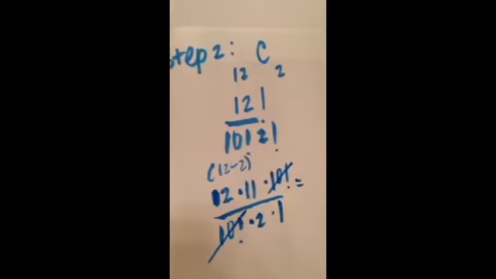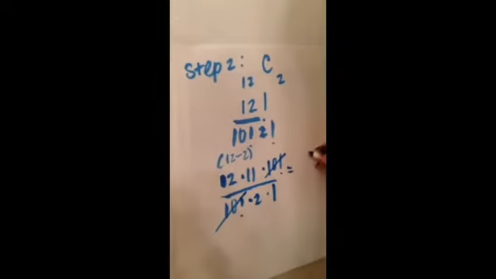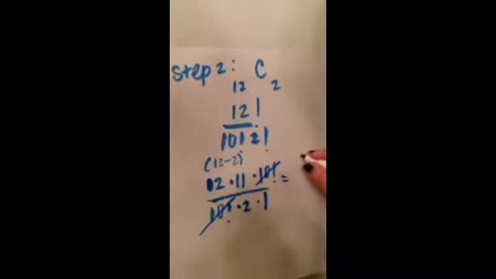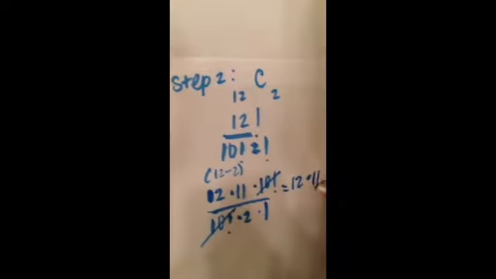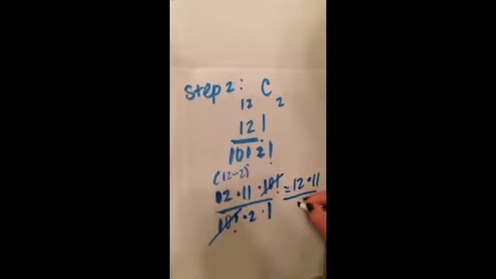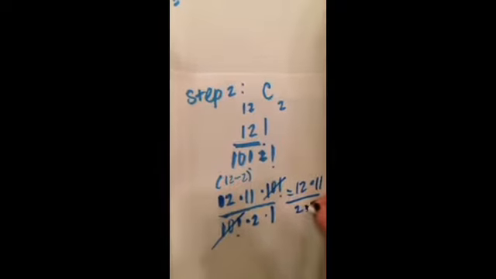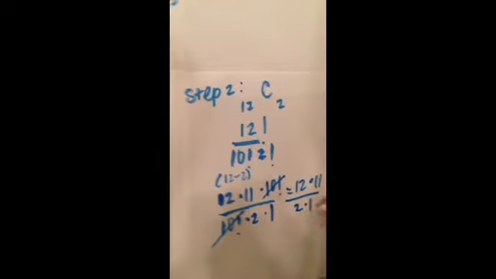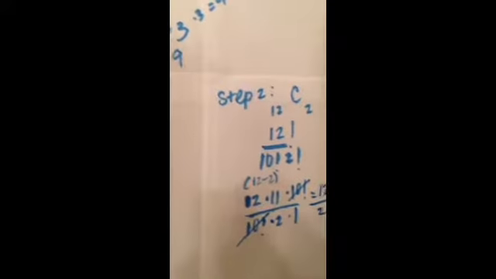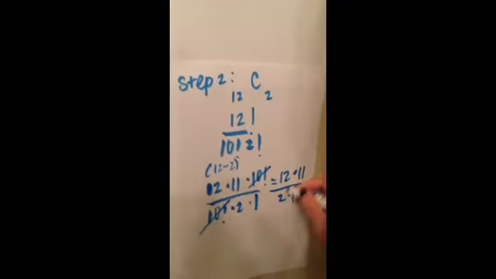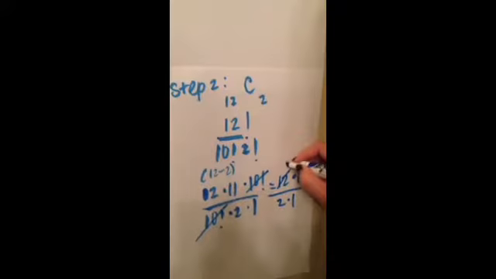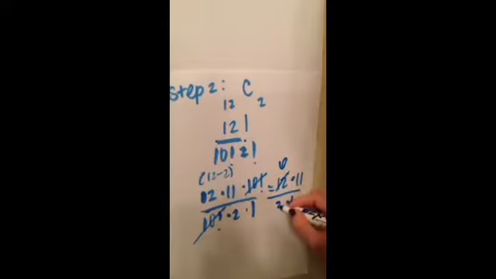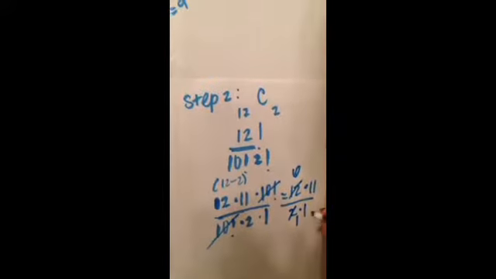since they are the same, and now we are left with 12 times 11 over 2 times 1, which equals just 2. And then since 2 can go into 12, you can also simplify this down to a 6, and then that will just turn into a 1.